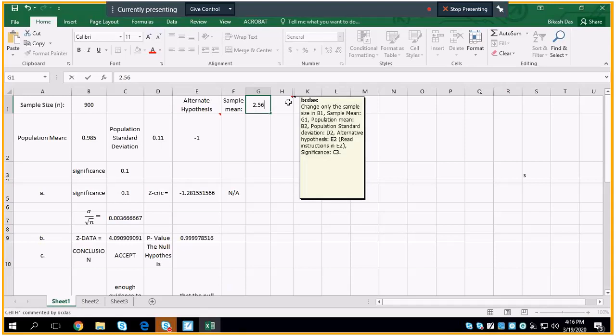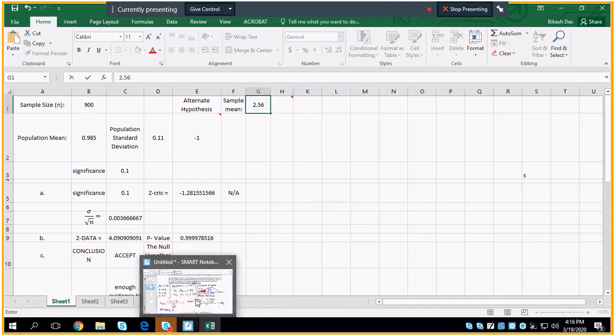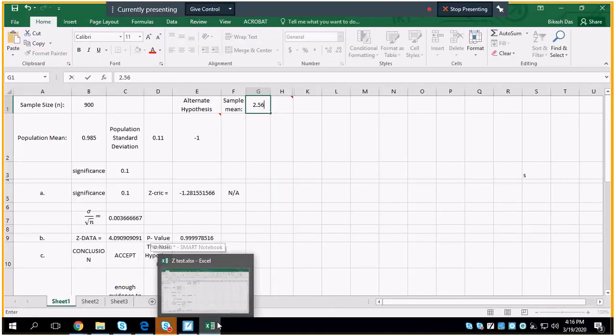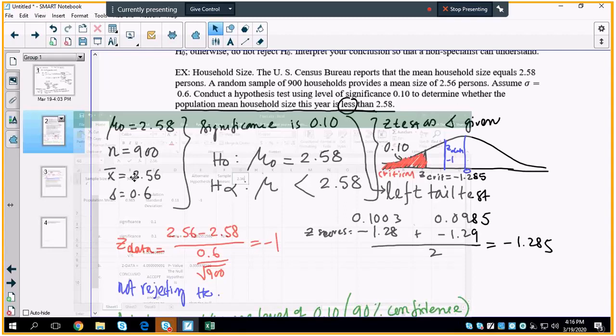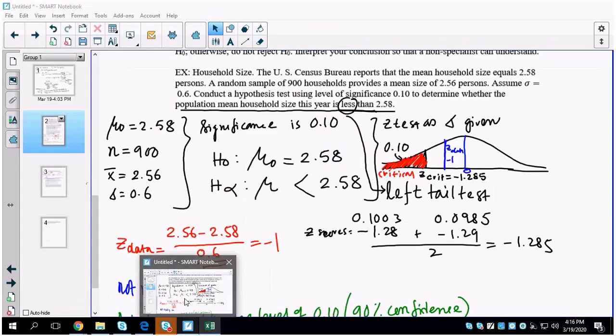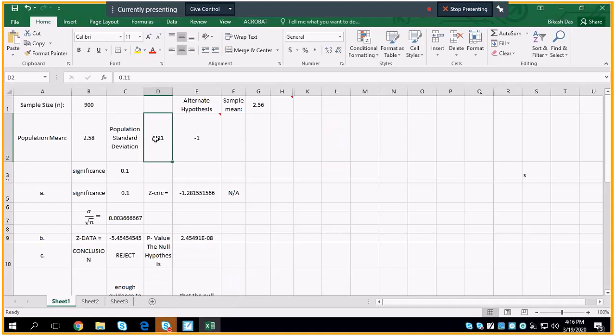We will also change the population mean in B2, and the population mean is the existing mean, which is 2.58. So we'll go ahead and change it to 2.58. We'll change the population standard deviation because we're doing the z-test. It is given, and that's 0.6. And we have to change the level of significance.